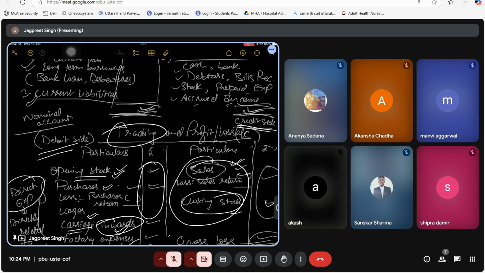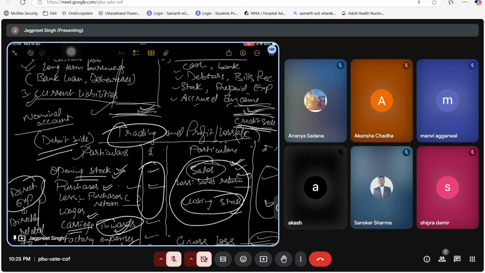I will teach you how to prepare these financial statements from another data, and then we will transfer that data into profit and loss and balance sheet, and we will complete these statements. So before that, I'll just take 10 minutes for the theoretical part of these financial statements.